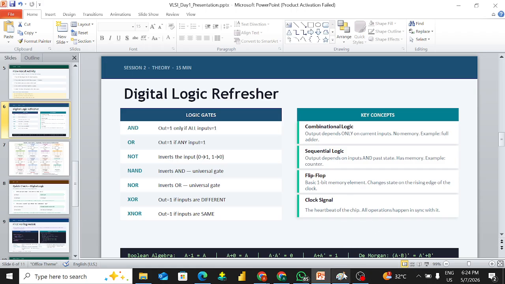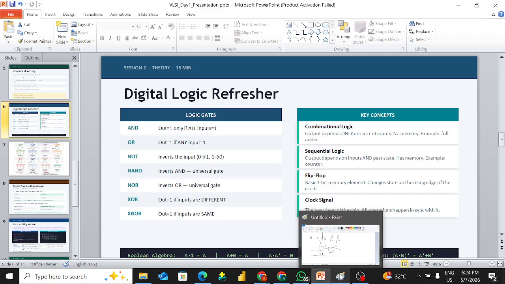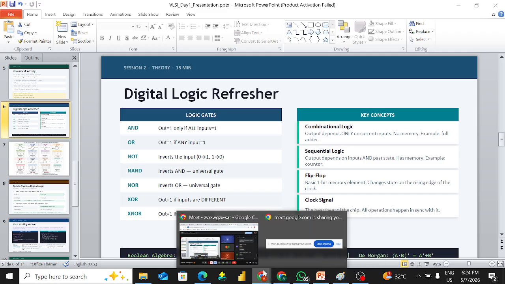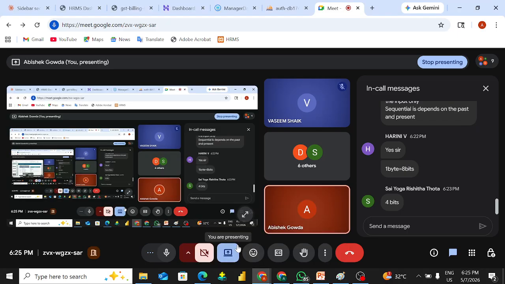Then I'm just going to say what De Morgan's law is in a single line, because we need at least 10 or 15 minutes to go through this concept.